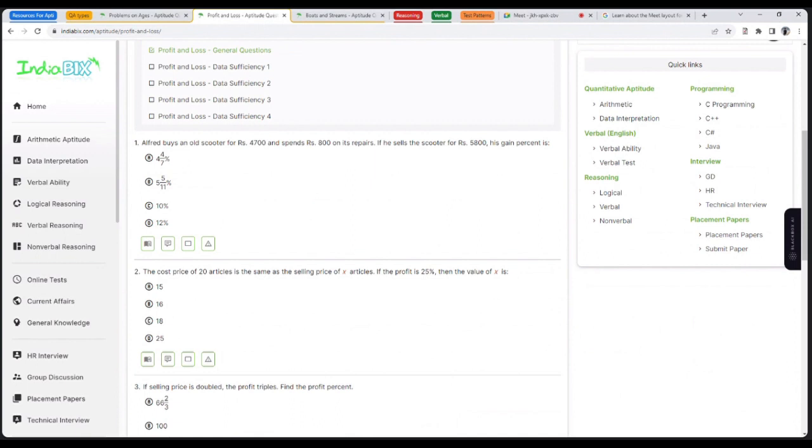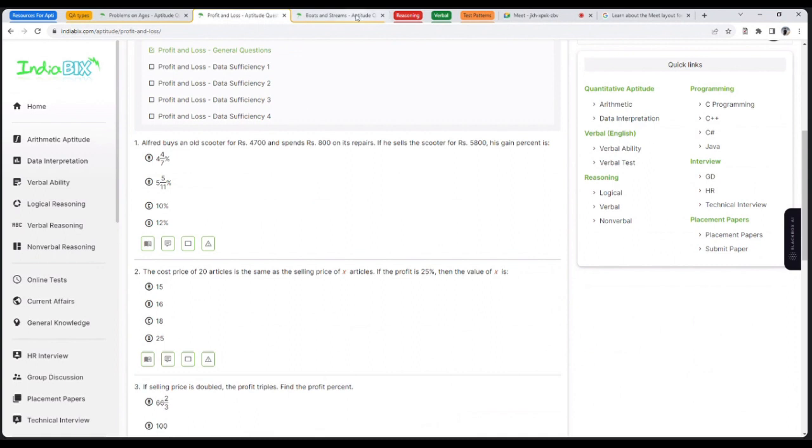For example, Alfred buys an old scooter for 4,700 rupees and spent 800 on its repair. If he sells the scooter for 5,800, what is his gain percent? For these, you first need to remember all the formulae. At the end, when I show you the resources, I'll show you where you can see the formulae and from where you can start practicing the questions.